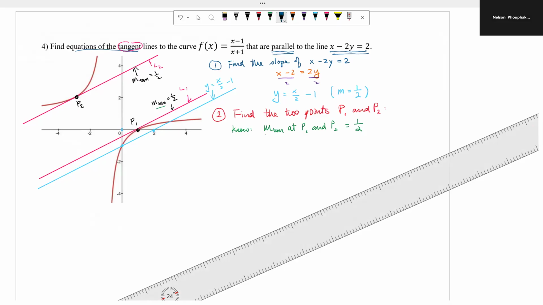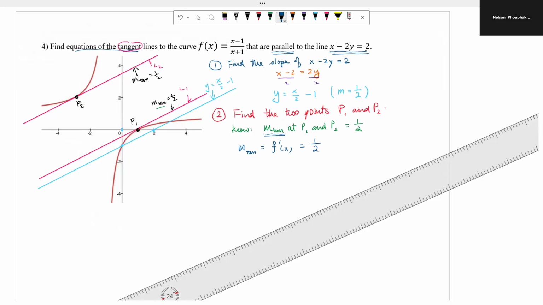So in this case, what I need to do is find the slope of the tangent line. We know that the slope of the tangent line means that I would like to work with f prime of x, isn't it? And then I just need to set f prime of x equal to 1/2.